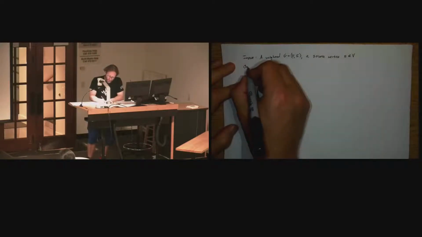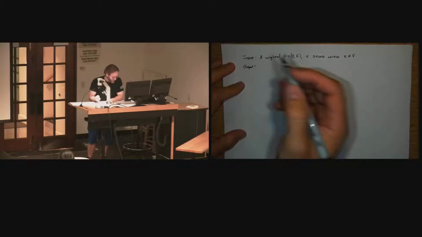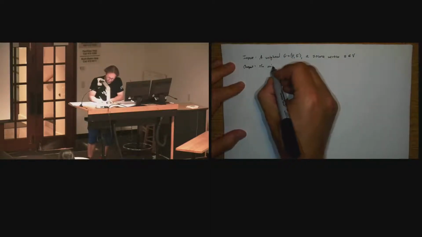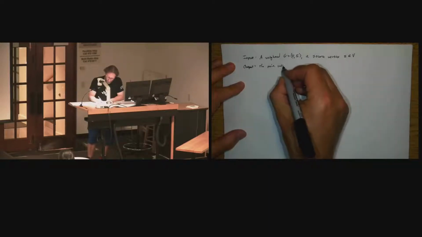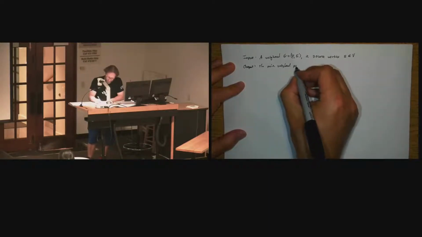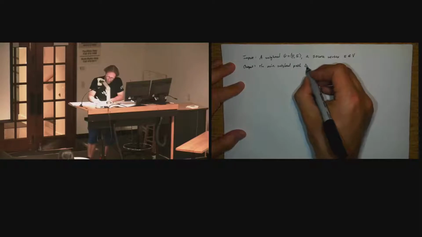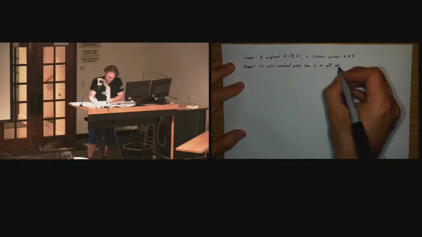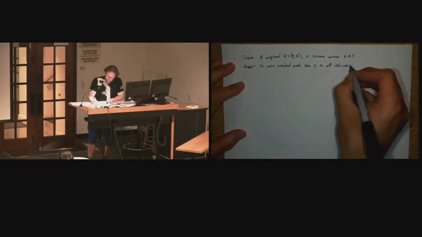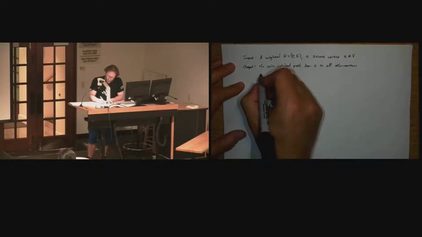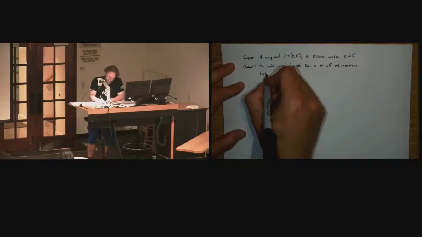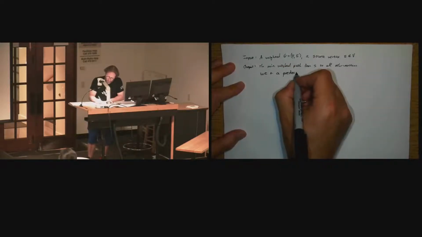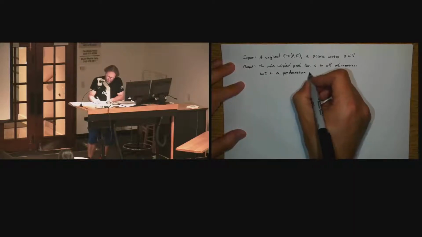And our output is going to be basically a table, the minimum weighted path from S to all other vertices in the form of the weight plus a predecessor vertex.